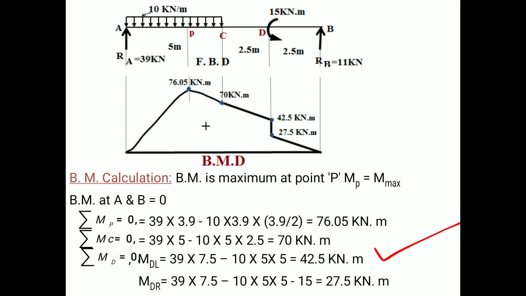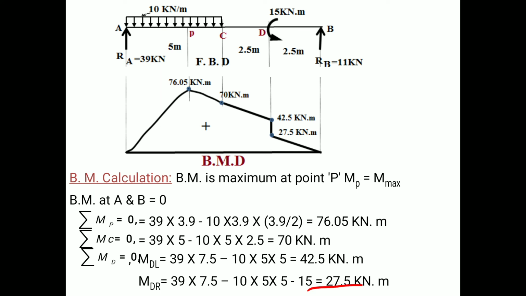Now we are going to calculate the moment at D on the right hand side. While calculating the moment on the right hand side, we have to consider the value of the moment at that particular point. Therefore the moment at point D to the right is given by 39 into 7.5 minus 10 into 5 minus 15, because this UDL will try to hog the beam, and for the hogging bending moment we have a minus sign.